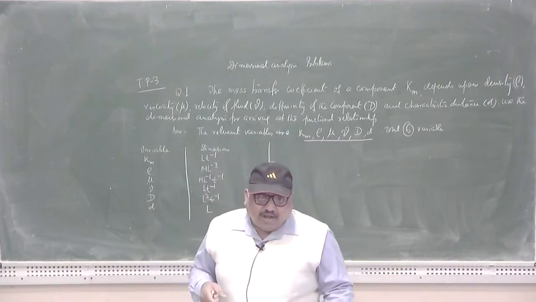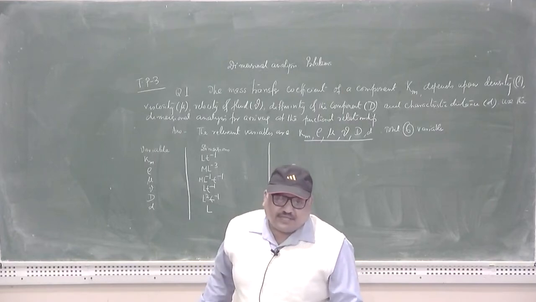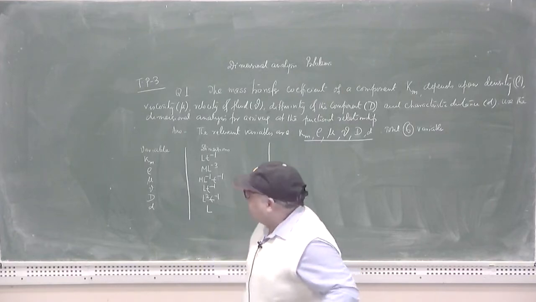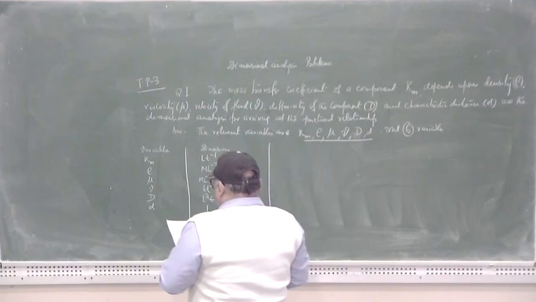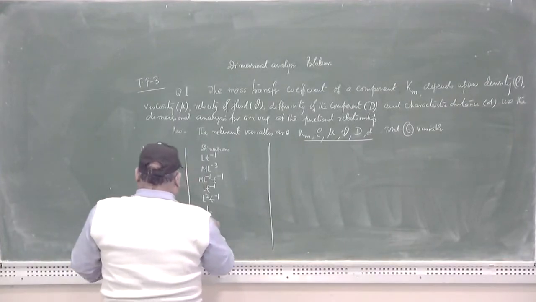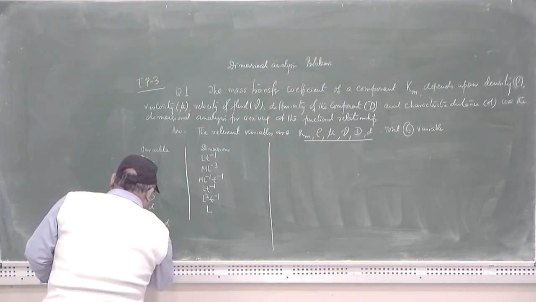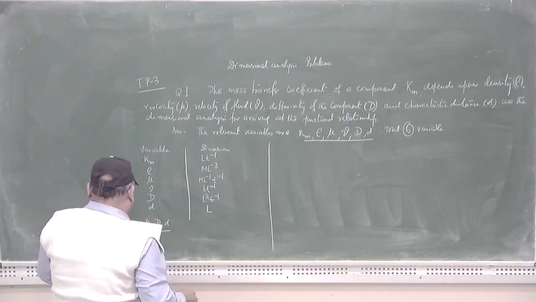So, if I would like to emphasize the name of those variables which cannot be grouped together to form a pi group, here the variables are mu, diffusivity D and the characteristic distance d, small d.